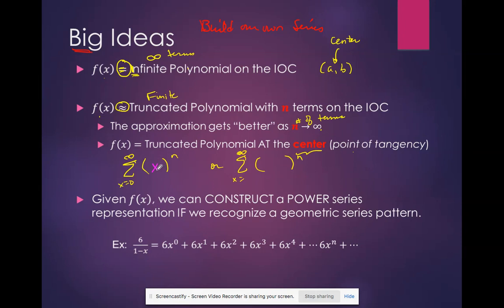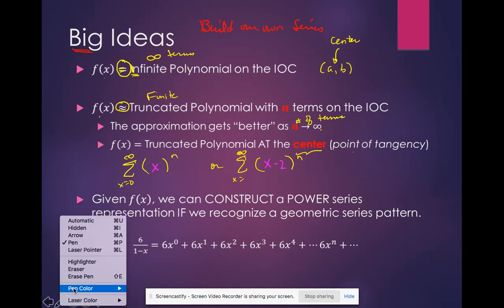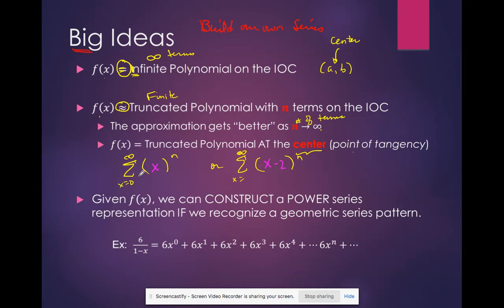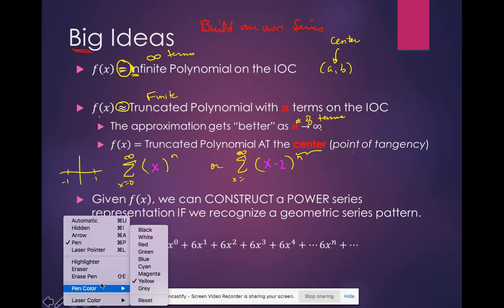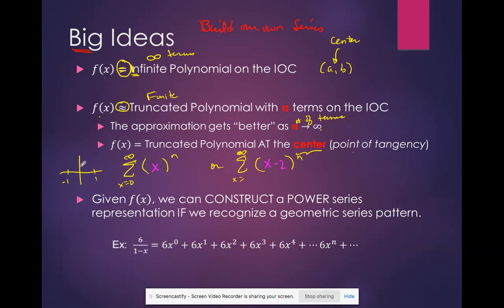That's technically x minus 0. Maybe you have x minus 2. Because this infinite polynomial is geometric, the numbers that you can use to create convergence, which is what we want, are within an interval from the center 0.